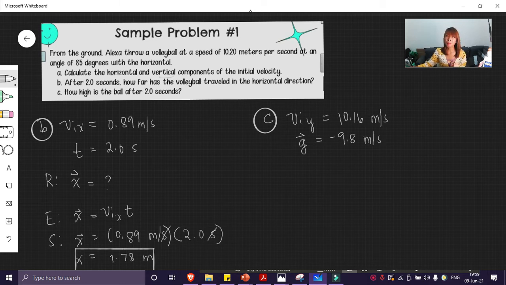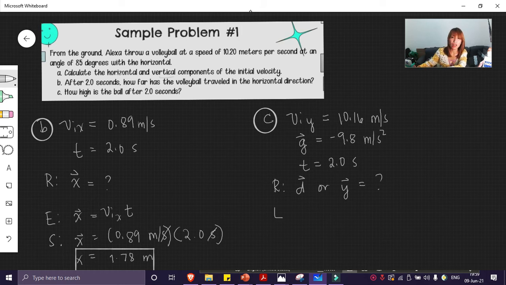Basically, problem number 1, letter C, is an example of a free fall problem. Okay, kaya tayo merong negative 9.8 meters per square second. And the time, of course, which is 2.0 seconds. Okay, we are looking for the displacement of the ball. That will be D, or the vertical displacement Y. Okay?